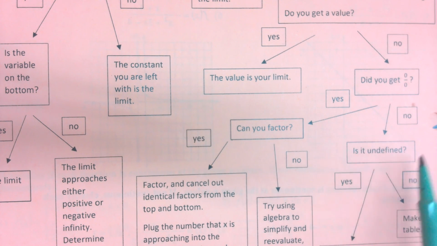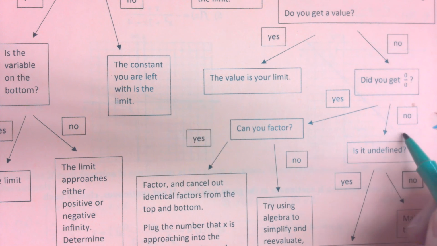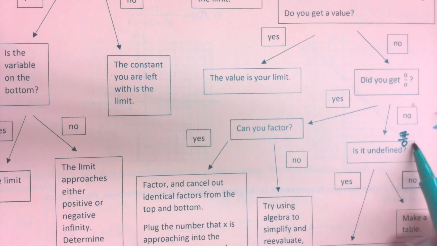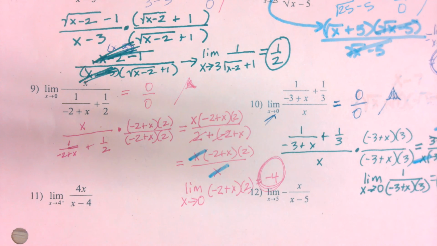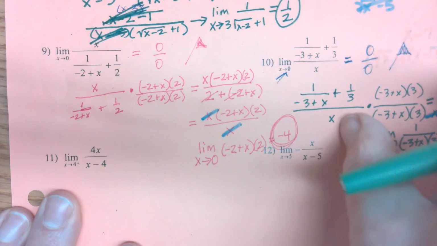No. Then the only other thing that could have happened is you got some number over 0 that makes it undefined. And if it's undefined, then I'm going to have to do some other work. And so I can make a little table for my asymptote. That's what we have here.